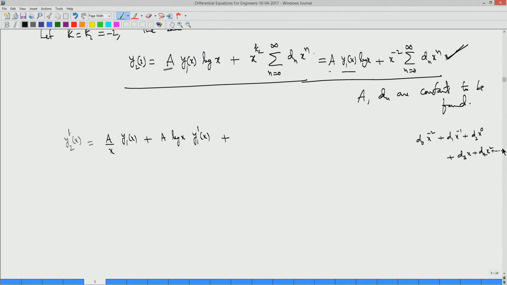You can differentiate as two functions, as if x power minus 2 is one function and the series is another function. So differentiate this one: x power minus 2 times the sum for n from 1 to infinity of n dn x power n minus 1.